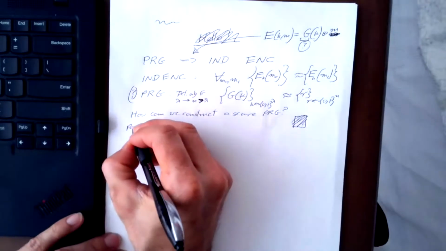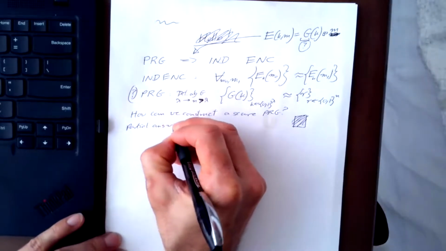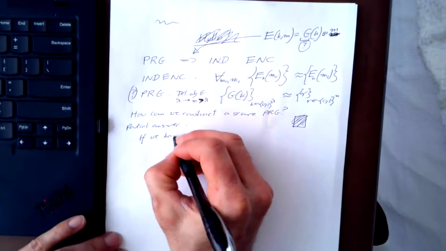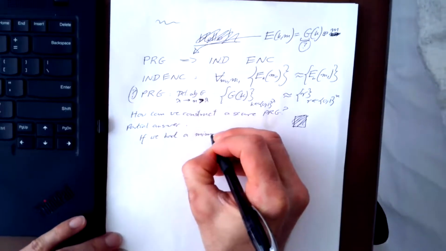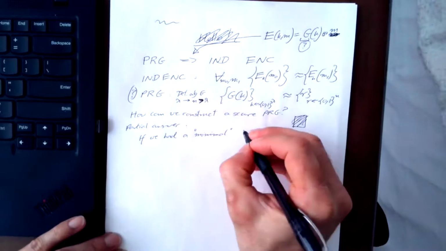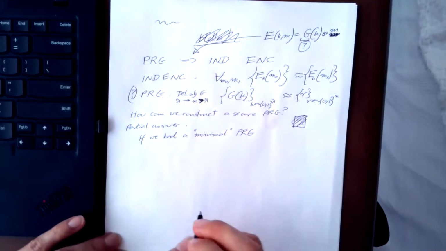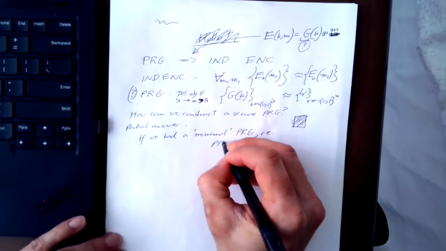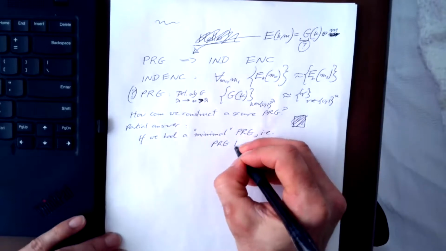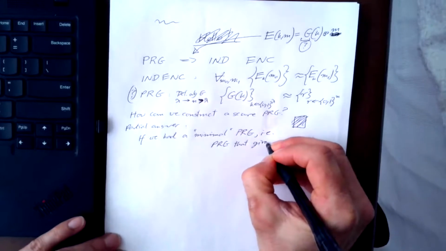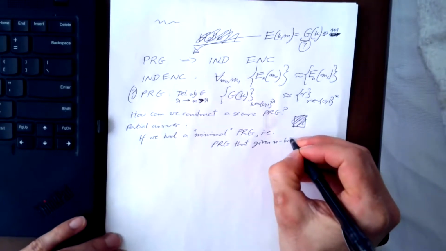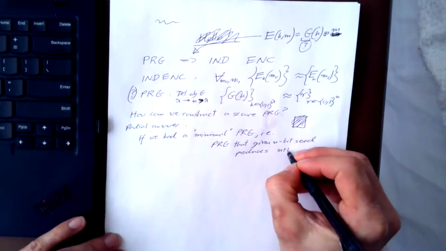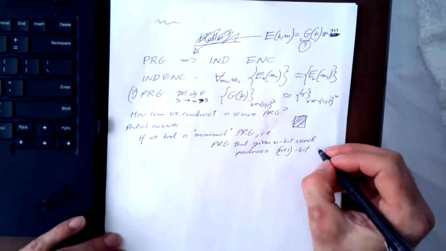Well, a partial answer is that if we had a minimal PRG, and by a minimal PRG I mean a PRG that, given an n-bit seed, produces just n+1 bit output.